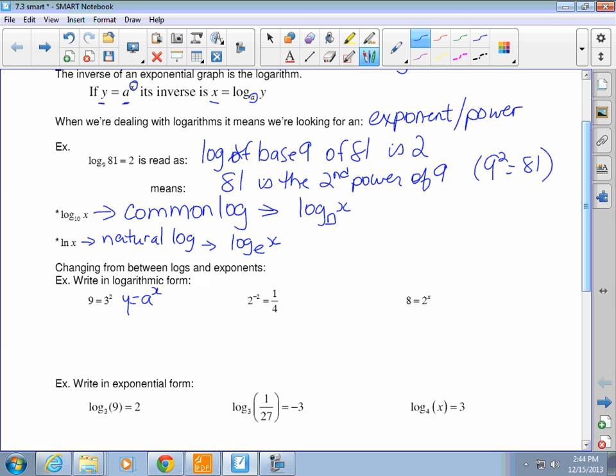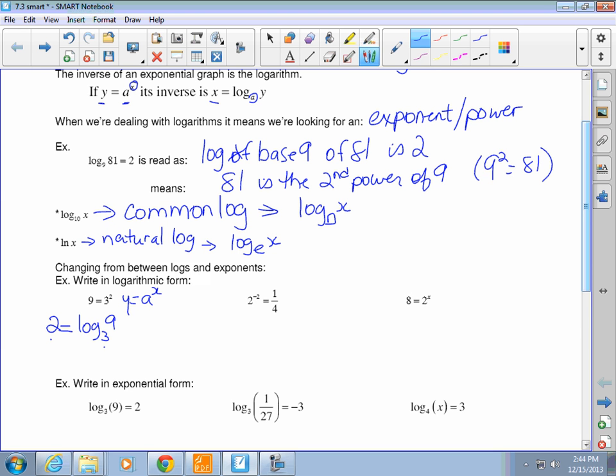Because your x is 2, this would be 2 equals log, my a value is 3, so base 3 of 9. Basically you're saying 3 squared is equal to 9. If the 2 wasn't there, the question would be asking, what exponent of 3 will give you a value of 9?